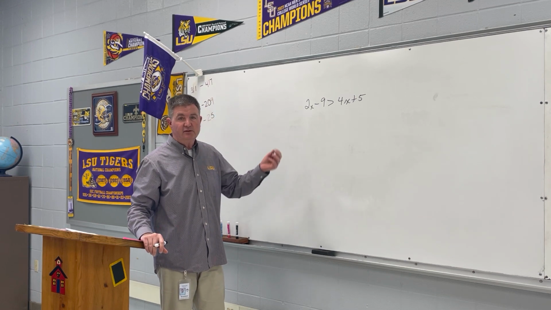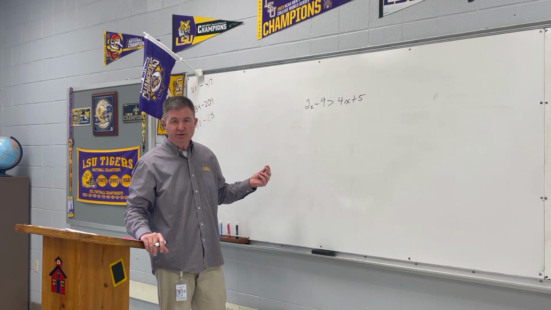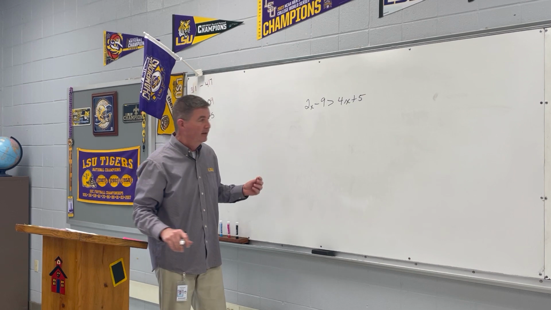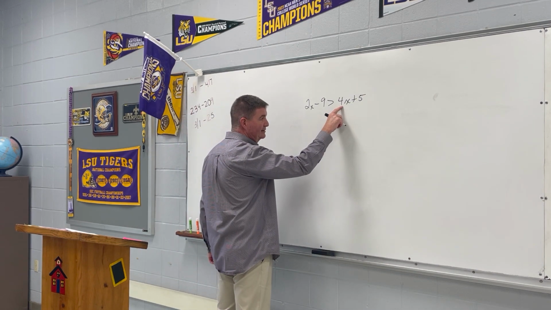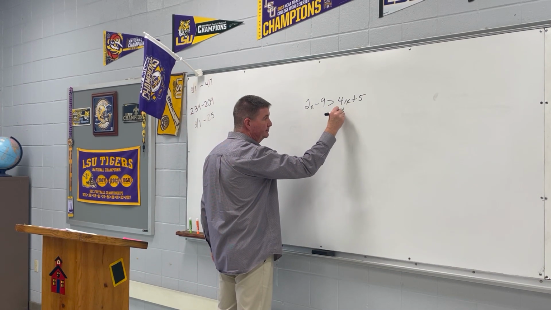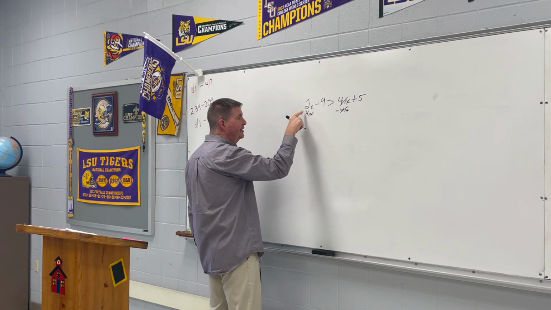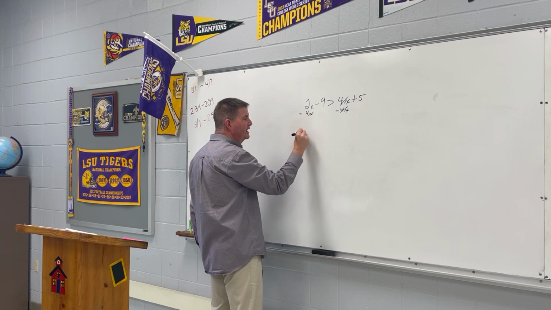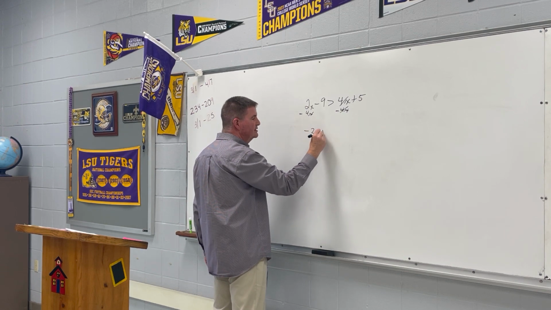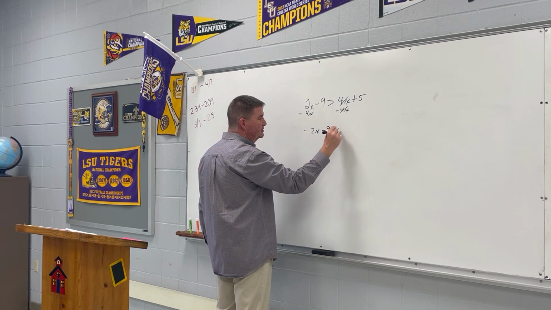So I'm going to subtract 4x. They cancel out here, but 2x minus 4x is negative 2x. Minus 9 is greater than 5.